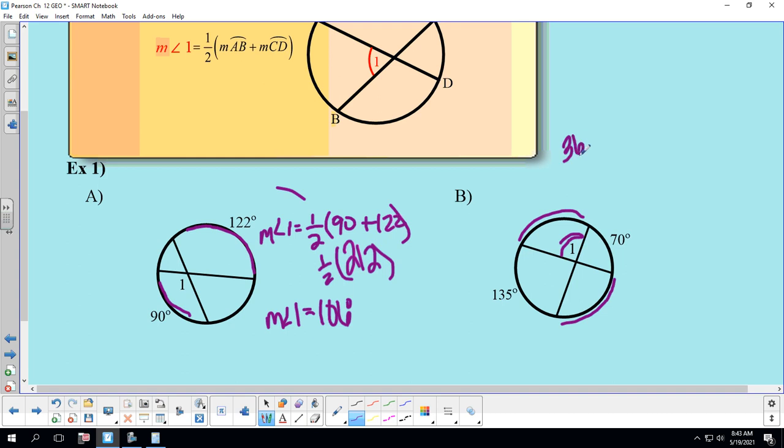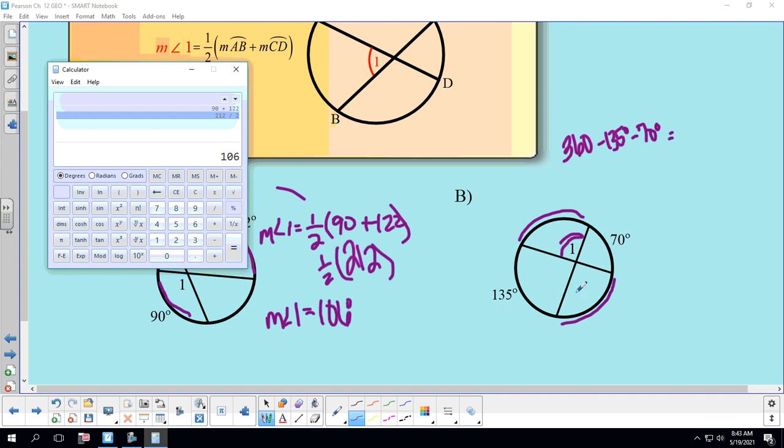That's 360. If I have 135 devoted to this piece of the arc and 70 devoted to the other piece, then the sum of these two arcs, I don't know specifically what they are, but I know their sum is going to be whatever's left out of that 360.